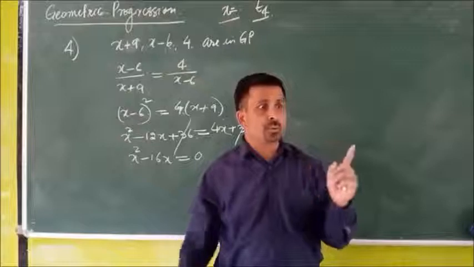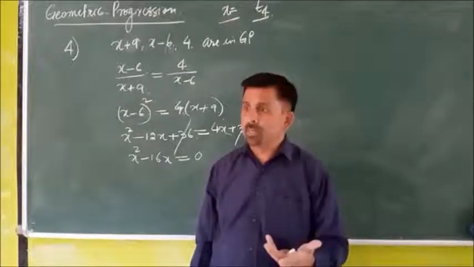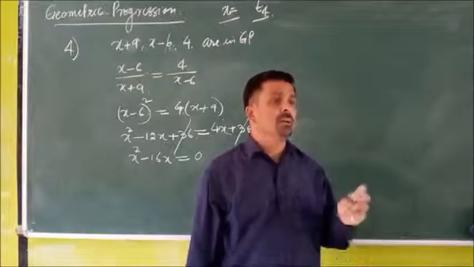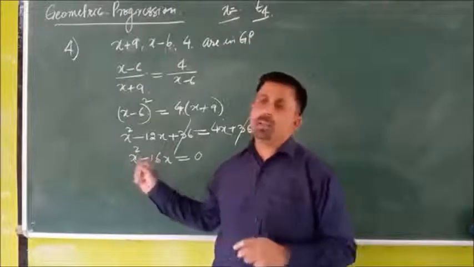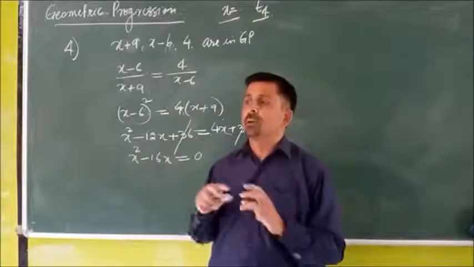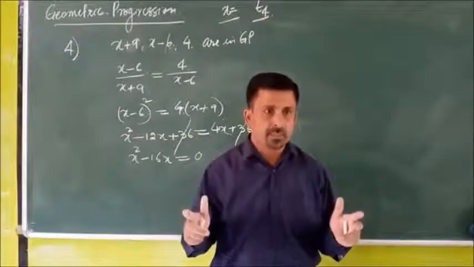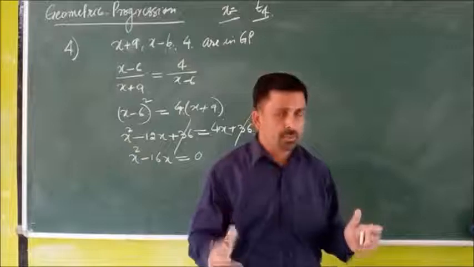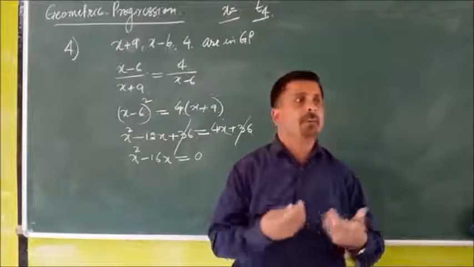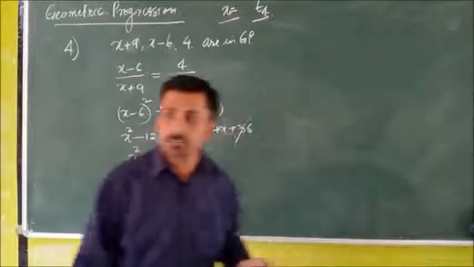That is why we cannot use expanding the middle term, which can be used only for a trinomial. For a binomial we have only one method of factorization, called the common factor method. We look for the common factor in the two terms, take it out, and that's how it will be factorized.